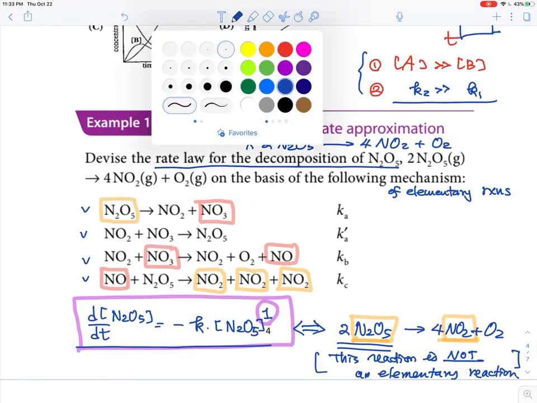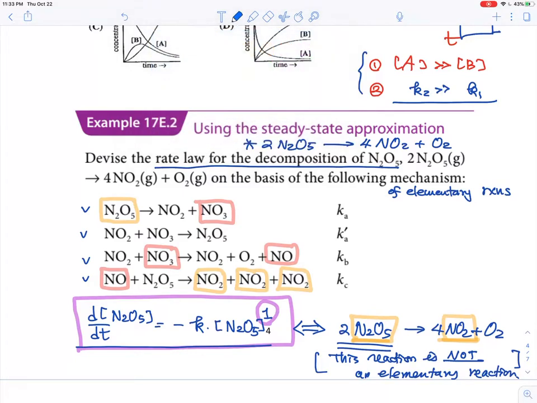This is how we are going to understand this reaction now. This reaction is N2O5 becomes NO3, and eventually becomes NO2.